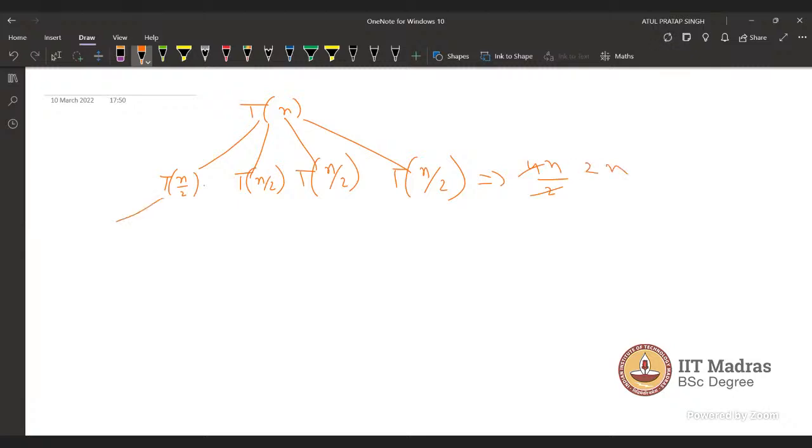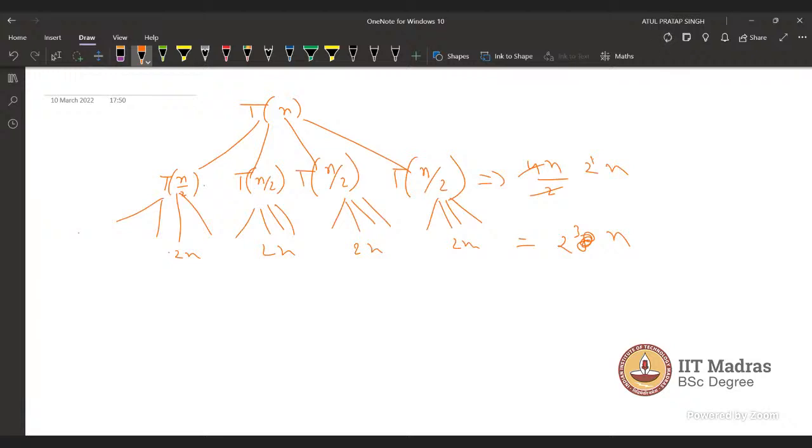Same case if you repeat once again: 1, 2, 3, 4. Now it becomes 2n, 2n, 2n and 2n. So we are getting 2n from 4 and repeating 4 times, so it becomes 8n size at this level. So the size is increasing in exponential form. Here 2 to the power 1, here 2 to the power 3 now.